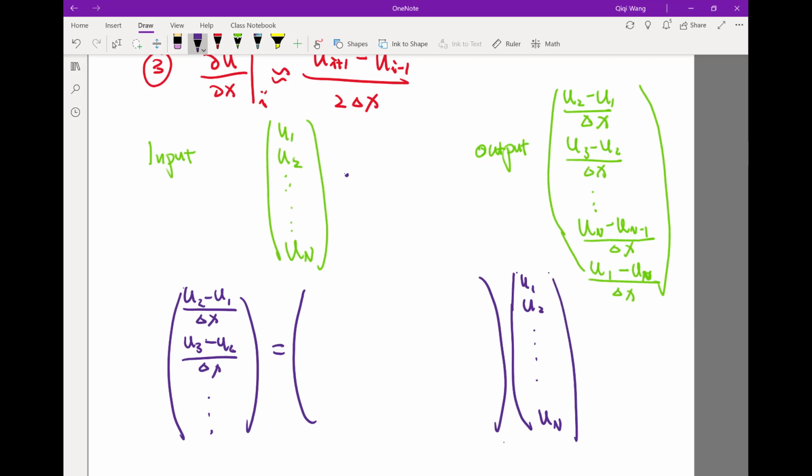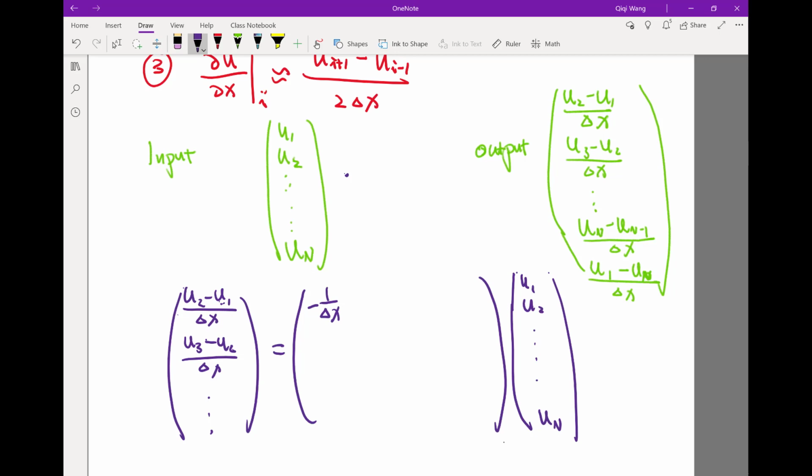Okay, again, let's look at it row by row. What does the first row look like? Next to it is 1 over delta x, how can I tell? Because this is the term that's supposed to be multiplied with u1 and contribute to the first output, right? And the coefficient on u1 here is negative 1 over delta x.